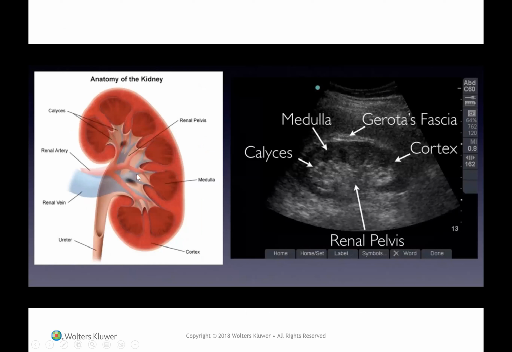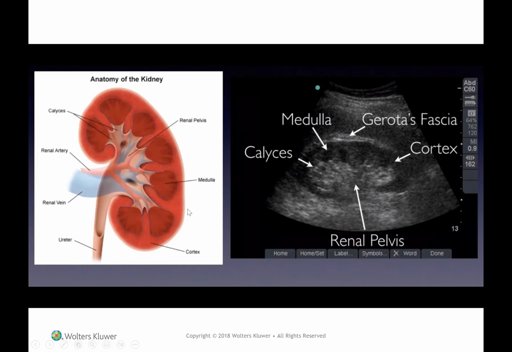So then from there, you're going to get the medullas. The medulla are these little pyramid looking structures that are more anechoic, little black triangles. And then the cortex of the kidney is going to be more of the hypoechoic outer portion.